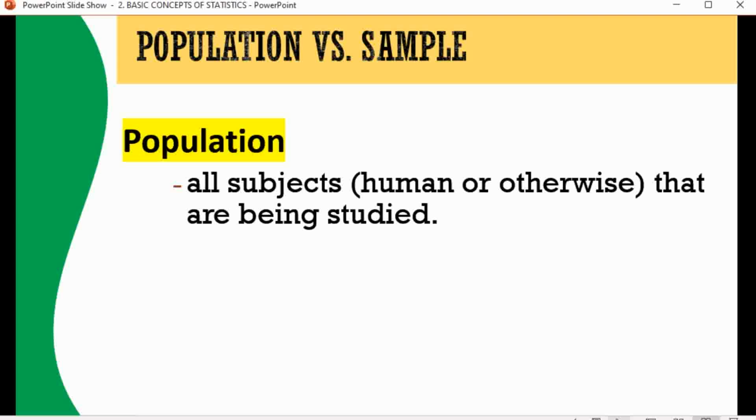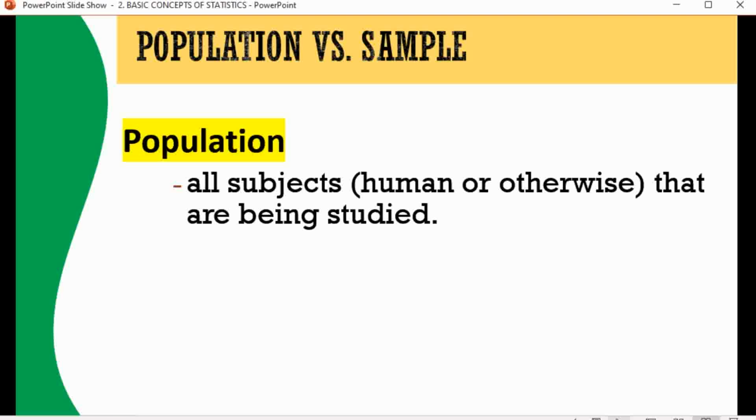For instance, we'd like to know how many students are enrolled in DNSC, the total enrollment in Davao del Norte State College. If we talk about population, then we have to include everybody.